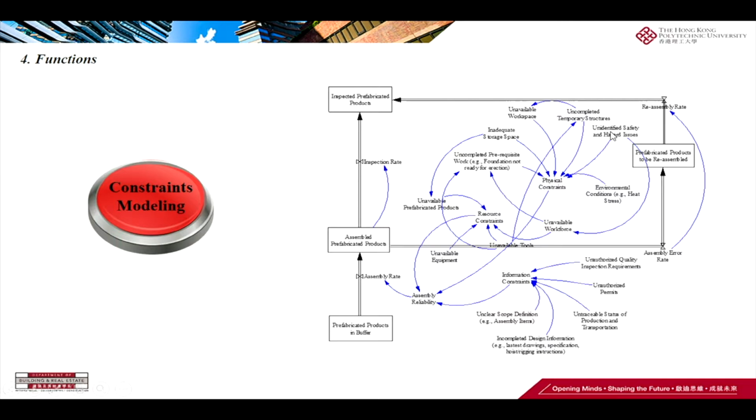Also, you may have noticed that these variables do not exist in the system individually, but have a lot of interrelationships. So they are connected by arrows, which reflect their relationships. Also, they concentrate on the physical and information constraints.